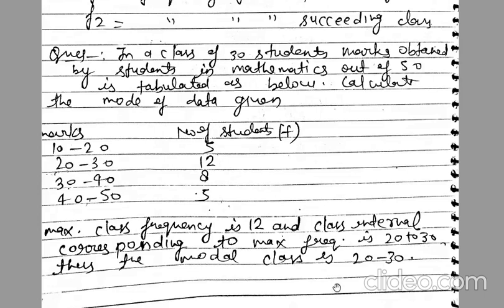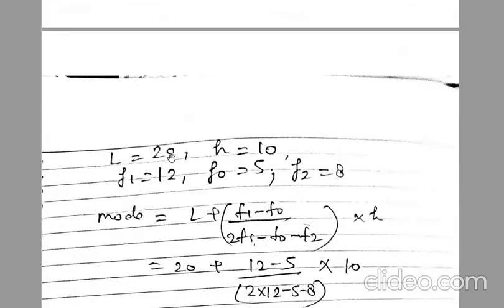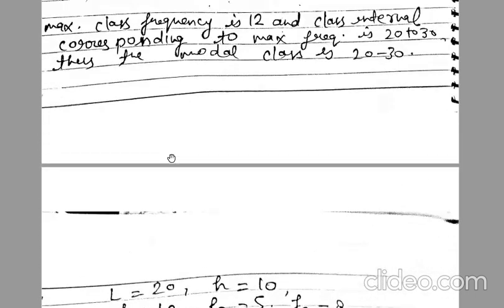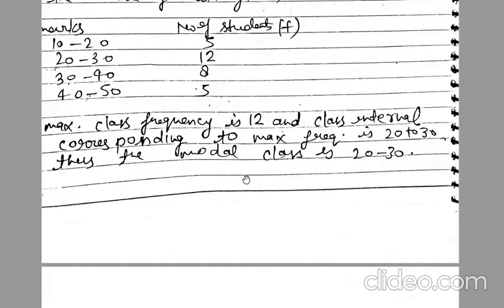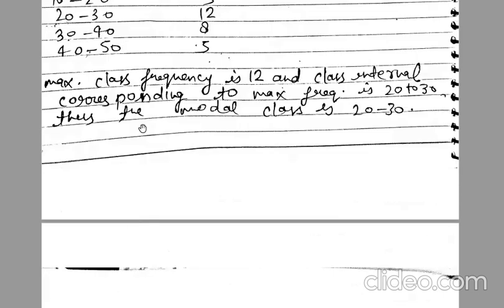Thus the modal class is 20 to 30, right? Now we have L is equal to 20, because the lower bound is 20 in the class interval 20 to 30. And f1 is 12, h is equal to 10, h means the class interval difference. So 10 to 20, 20 to 30, we can see that there is a difference of 10 here.